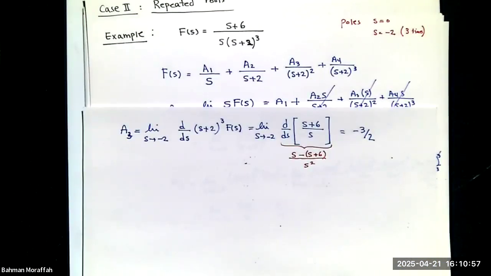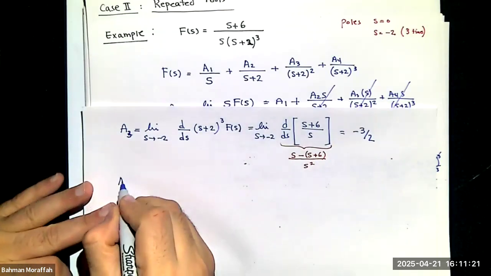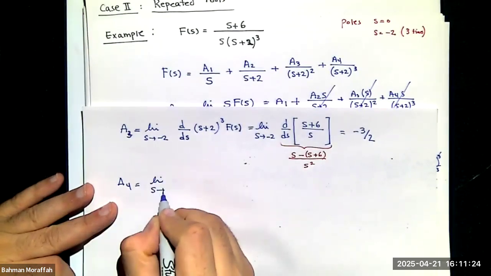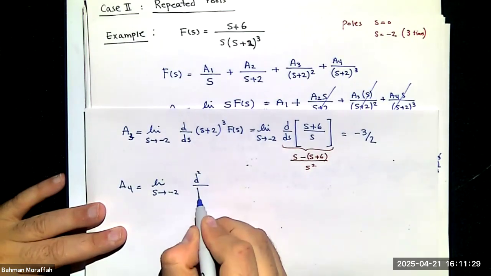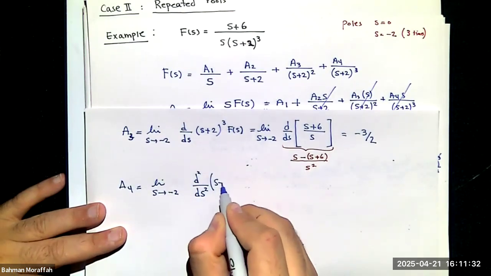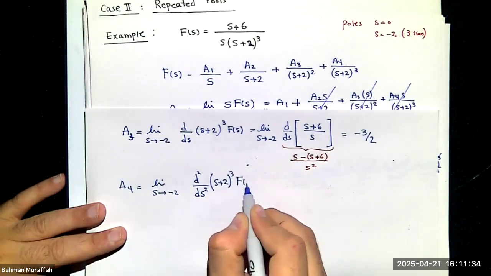So remember how it happened. I had to take one derivative to make this s plus 2 squared similar to 1 over s plus 2 cubed. What can I do with this s plus 2 to make it look like s plus 2 cubed? I have to take the derivative twice. Therefore, this a2 is the limit as s goes to -2 of d squared over ds squared of s plus 2 cubed times f of s.